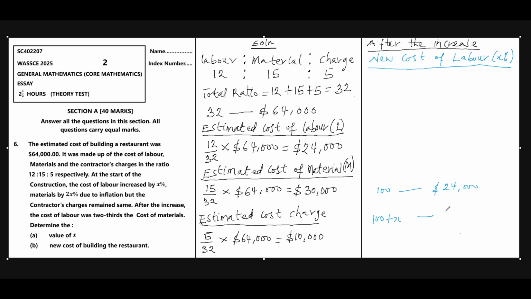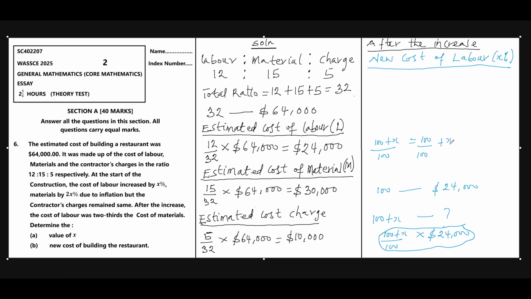That would be (100 plus x) divided by 100 multiplied by $24,000. Let's pay attention to this. I want us to use the decimal form. That makes the calculation easier. So 100 plus x divided by 100 can be written as 100 on 100 plus x on 100.